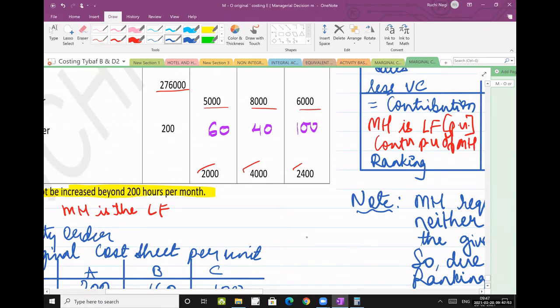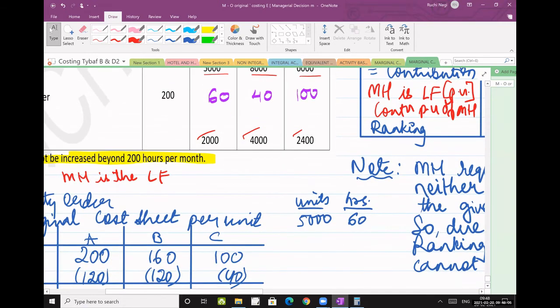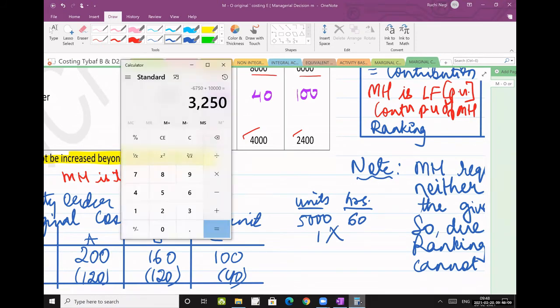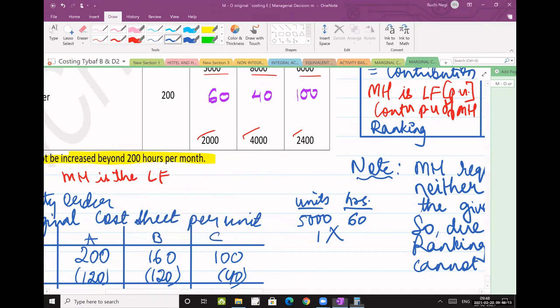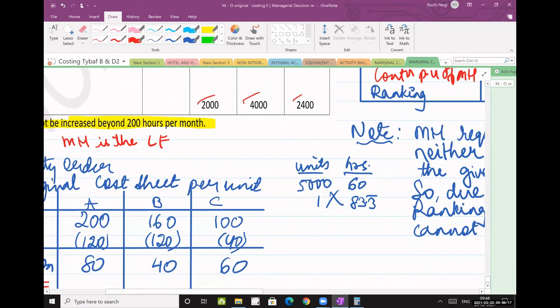Okay, so units and hours. 5,000 units बनाने के we need 60 hours of machine hours. So for 1 unit how much? 5,000 divided by 60, so that comes to 83.33 hours.